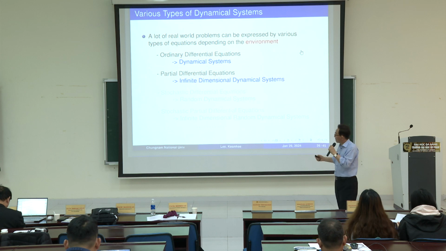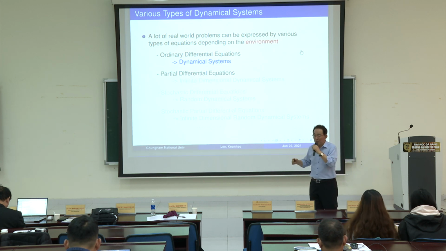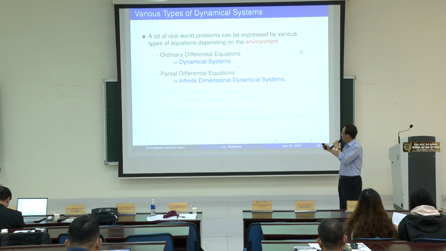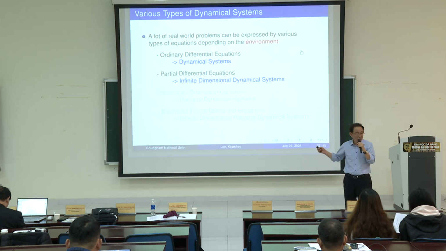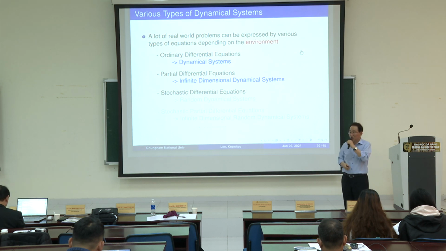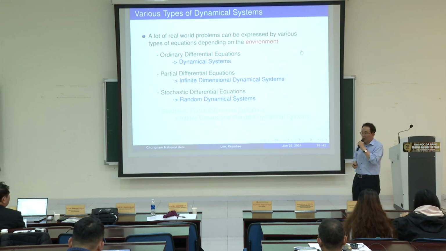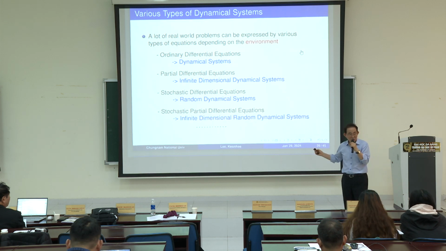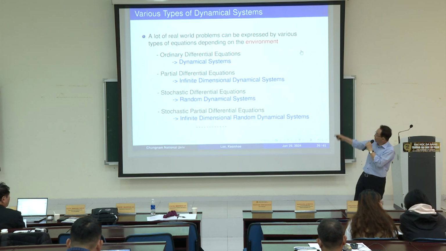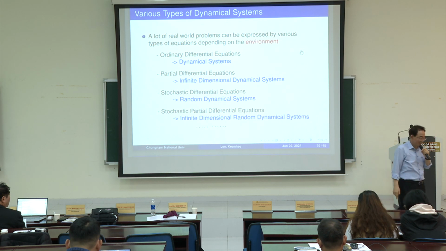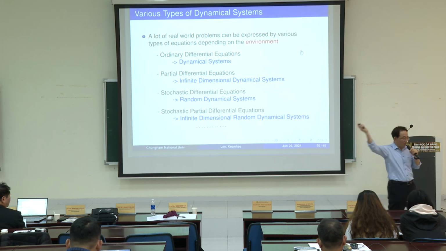Sometimes a real-world problem can be expressed as a partial differential equation. That is an infinite-dimensional dynamical system. Sometimes a stochastic differential equation gives a random dynamical system. Stochastic partial differential equation, infinite-dimensional random dynamical system. So all dynamical systems. Very nice. Many dynamics.